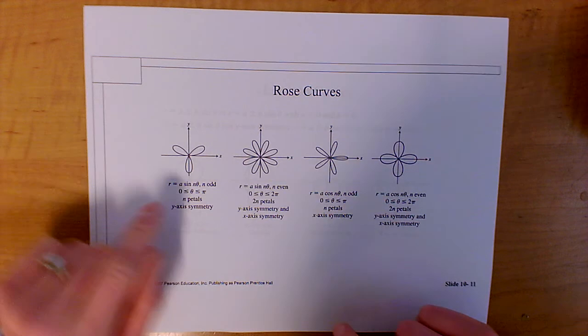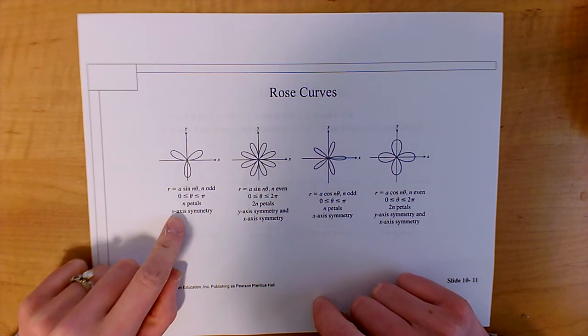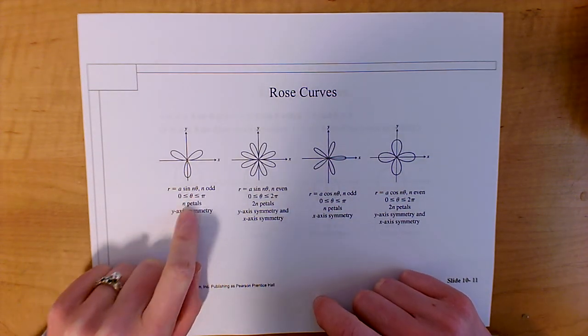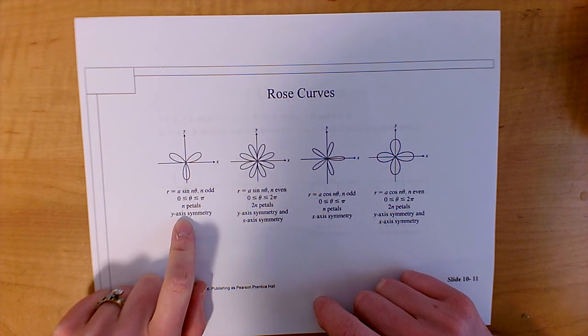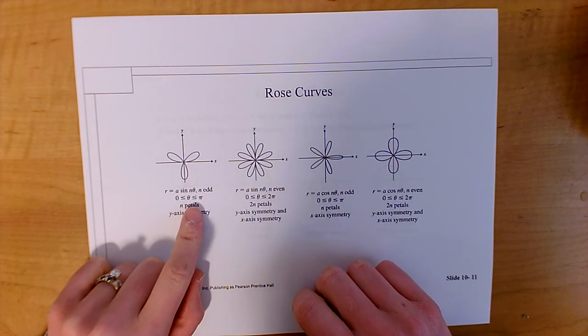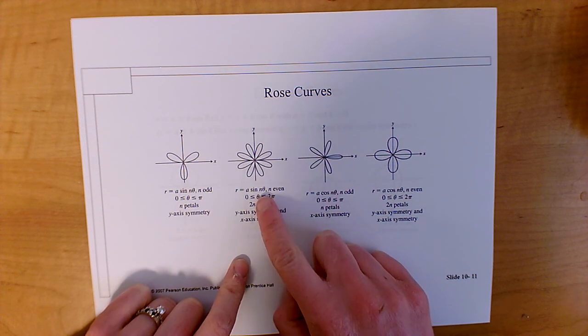All right, and then you can have flowers with odd numbers of petals. So a sine n theta, when n is odd, you'll have n petals, and you'll have y-axis symmetry, and you're only going to be going from 0 to pi.